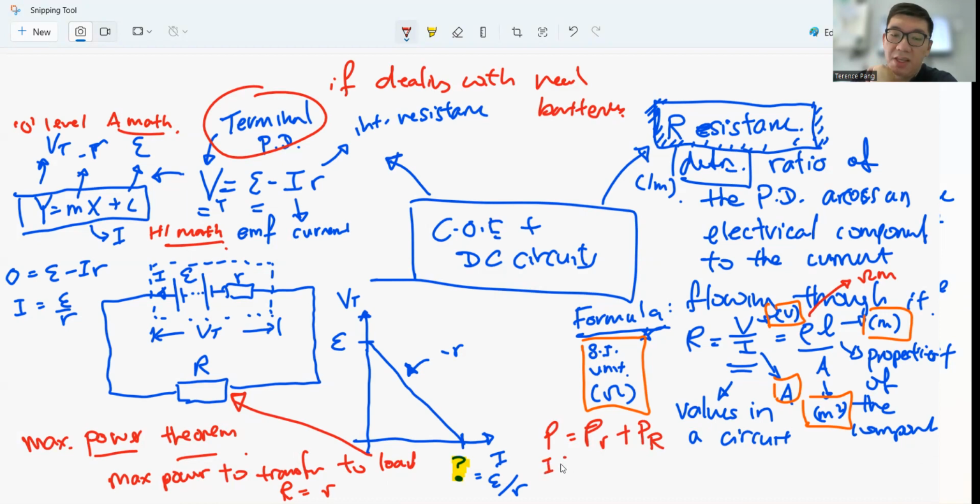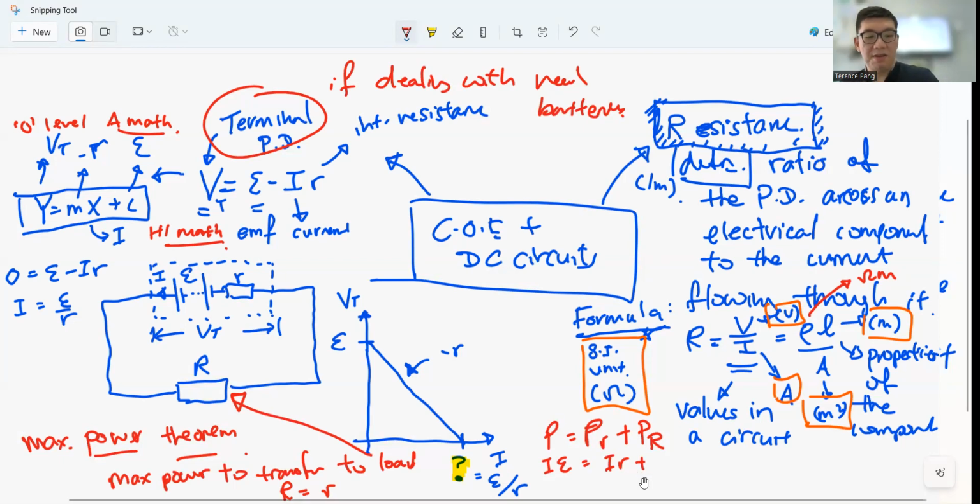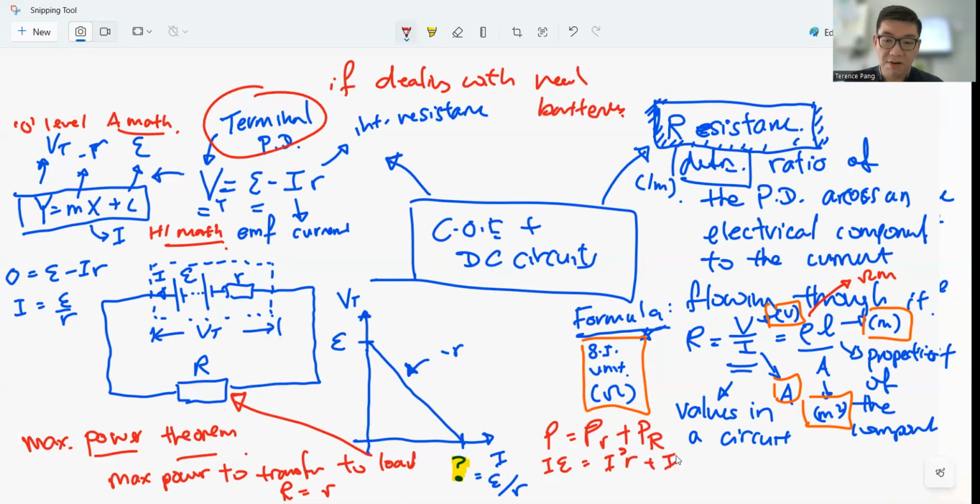Then you have IE equal to I squared r plus I squared R. Then, for maximum power, you have to differentiate power with respect to R and make it 0.